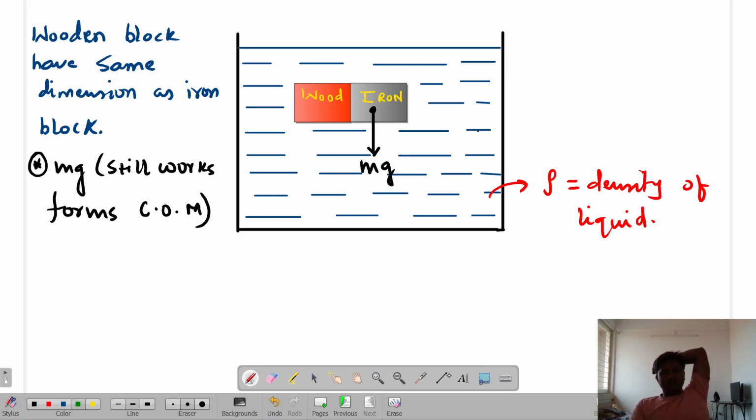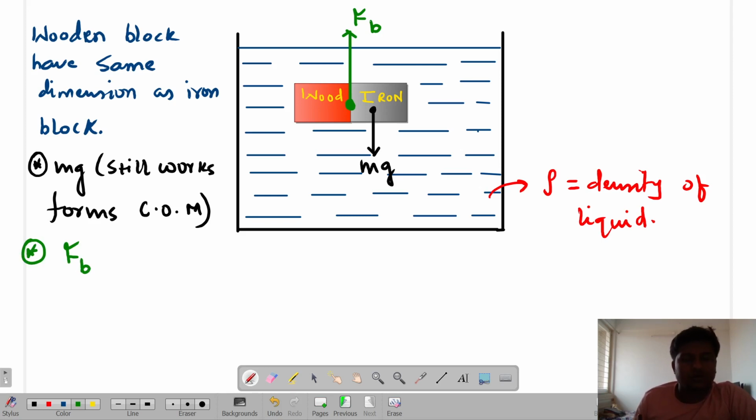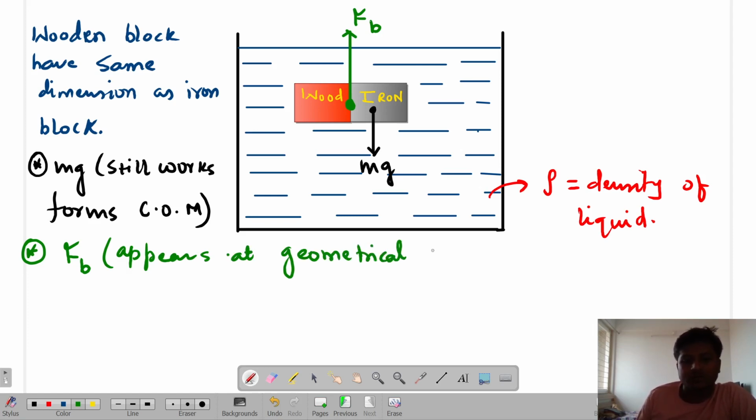The conclusion is that this buoyancy force is always present at the geometrical center of the object. I'm telling you that you have to take this whole body as one single body, and then make the buoyancy force appear at the geometrical center. It's not from the center of mass.